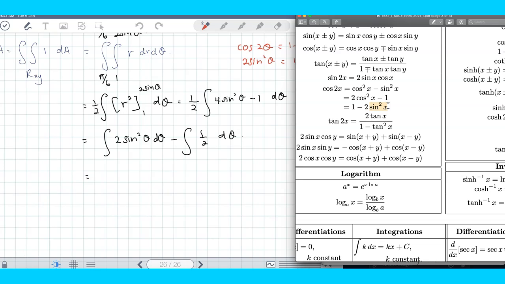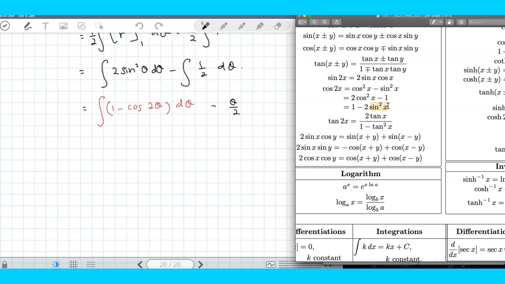Now we replace 2 sine squared with 1 minus cos 2 theta. And for the second term, you can get the answer directly. You have theta over 2.